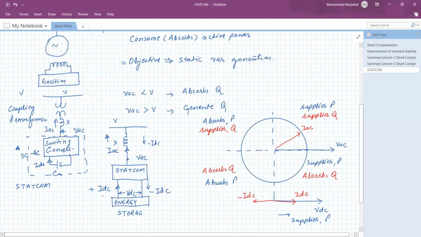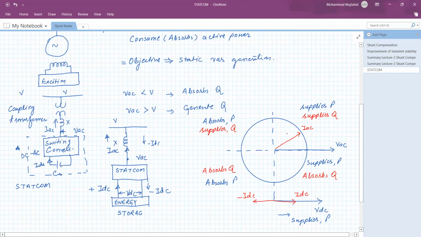So let us review. When the energy storage system delivers the IDC current, it is positive, and when it is consuming, it is negative. Similarly, when the Statcom voltage is greater than the system voltage, it is going to supply the reactive power, that is generate. And when the voltage of the Statcom is smaller than the system voltage, definitely it is going to absorb the reactive power.